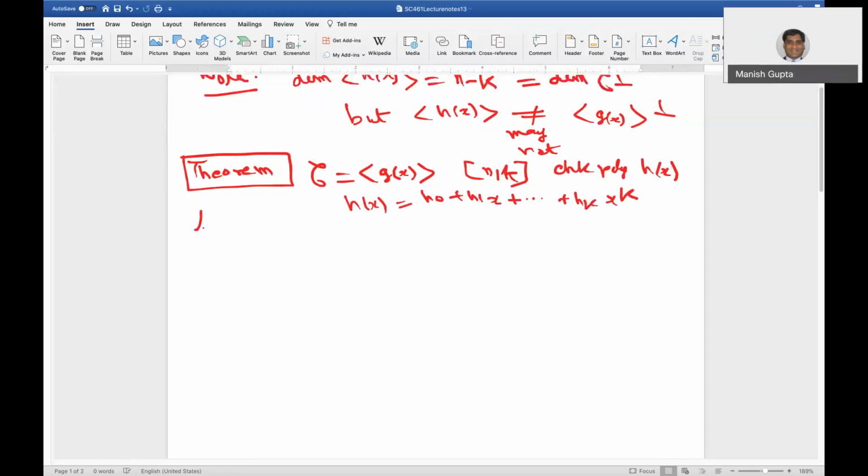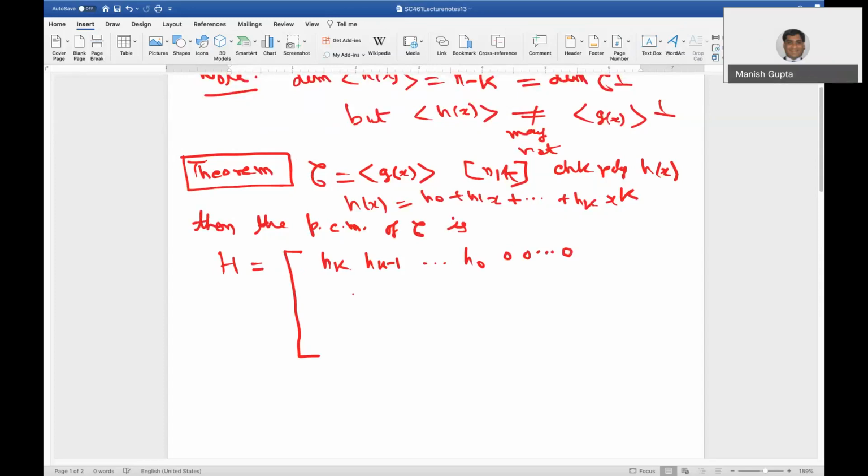Then we claim that the parity check matrix of C is the matrix H, which has first row hk, hk minus 1, ..., h0, 0, 0, then the next row 0, hk, ..., h0, 0, and so on.